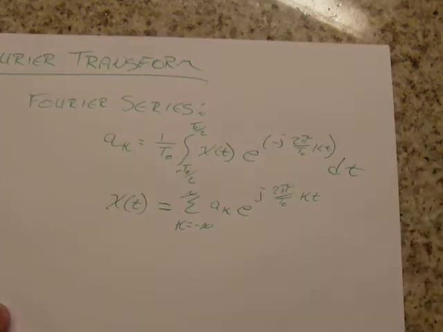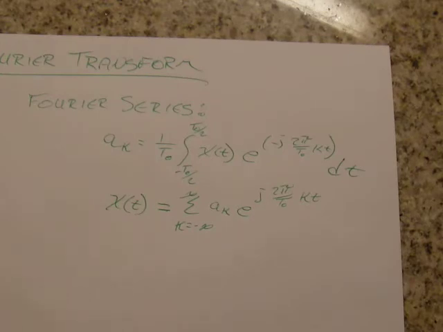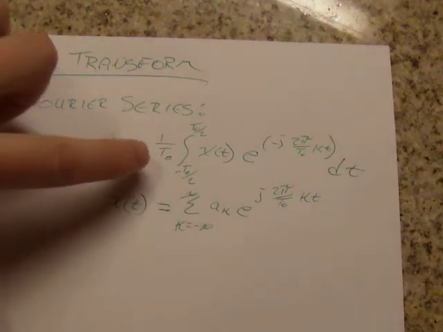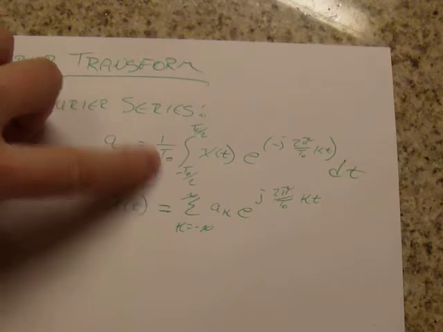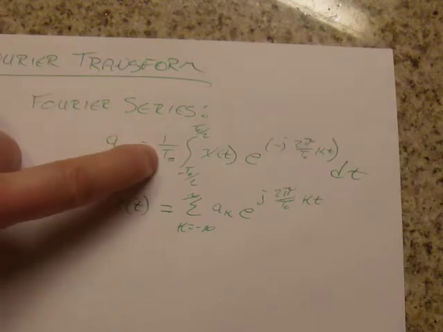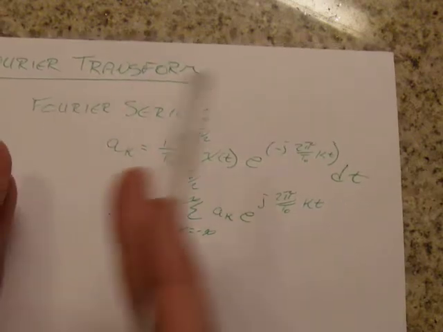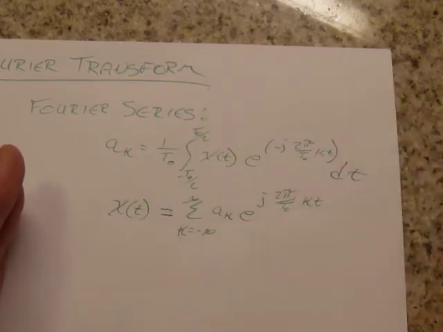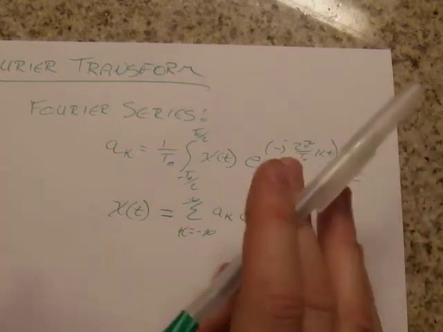Alright, so these are the Fourier series equations. One thing to note about these equations is that they are for a periodic signal over the period t naught. So every t naught, the same signal will repeat.